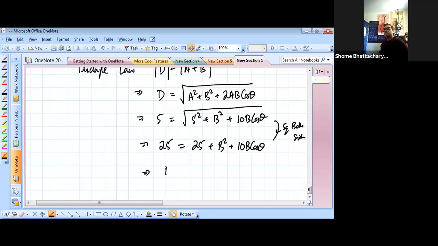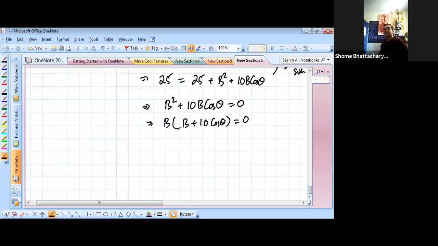So we have B square plus 10B cos theta is 0. Or we can factorize this and say B into B plus 10 cos theta is 0. So obviously B is not 0, because the vector B is not a null vector. So B cannot be 0.